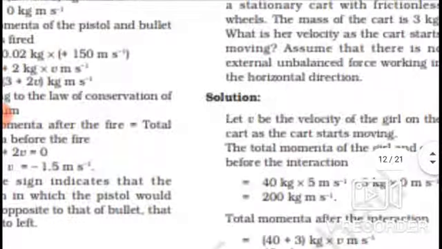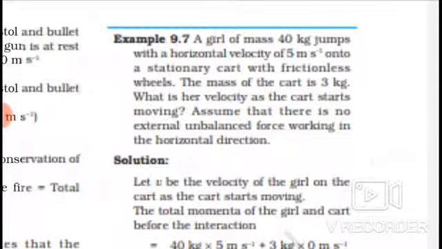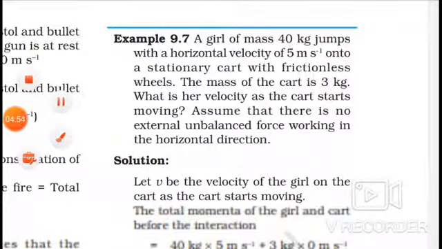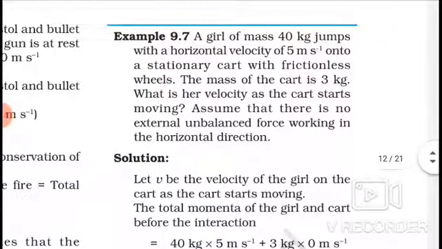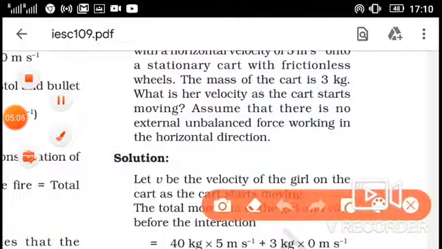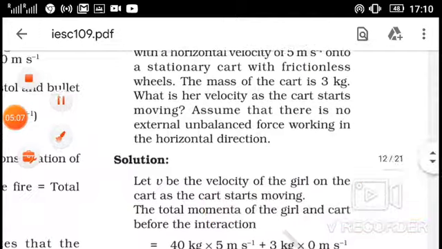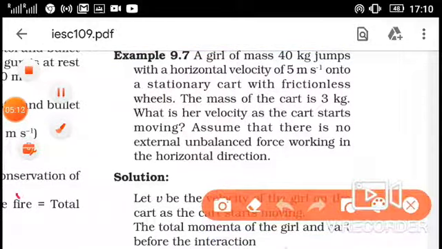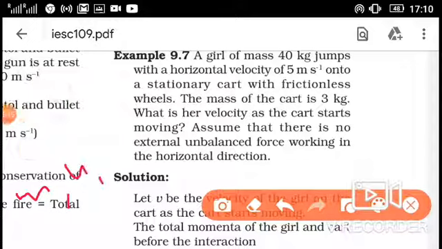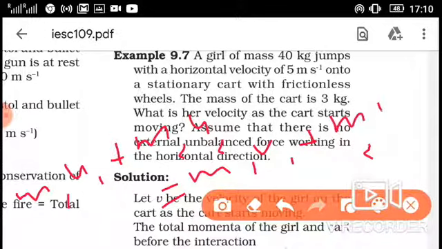Now the next question, that is 9.7. A girl of mass 40 kg, the same formula you will use here, the formula is m1 u1 plus m2 u2 is equal to m1 v1 plus m2 v2.